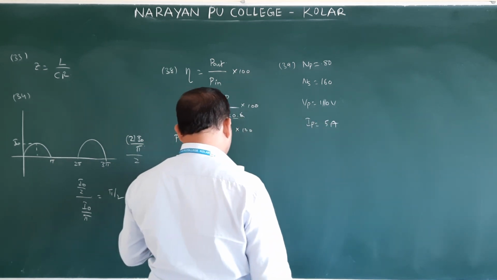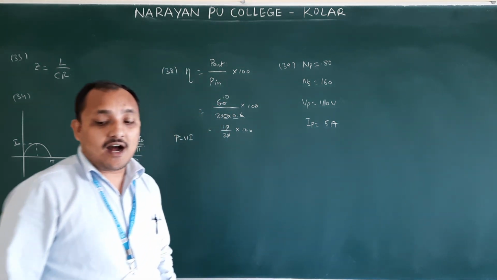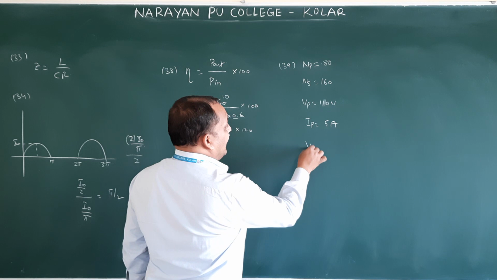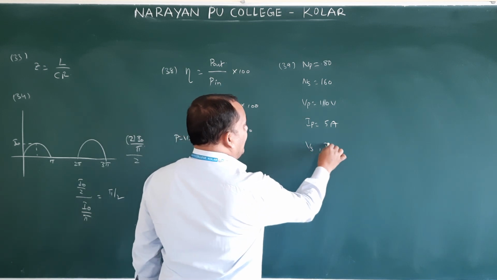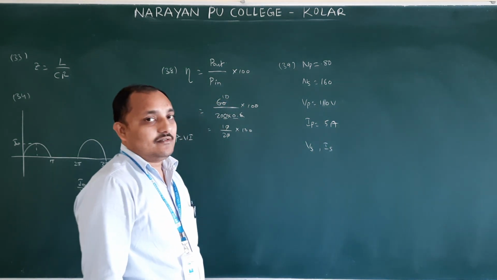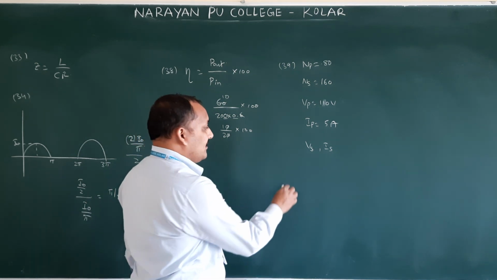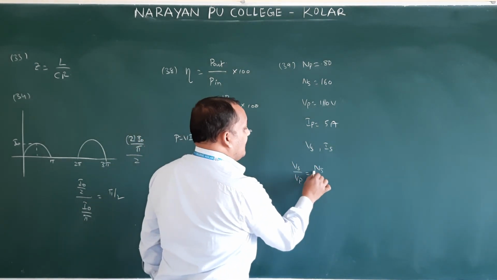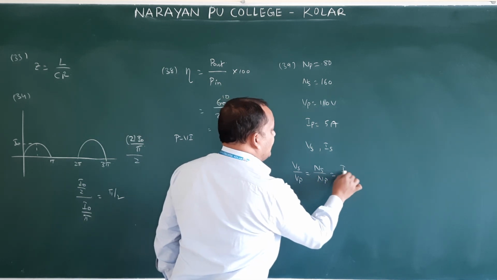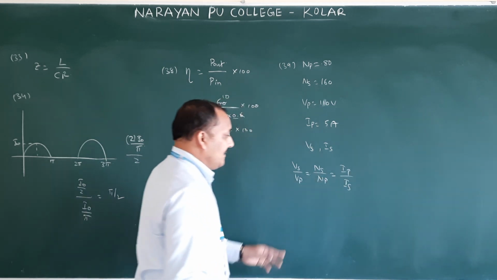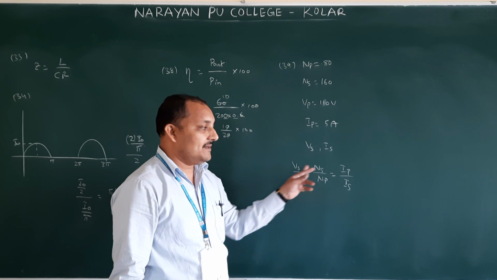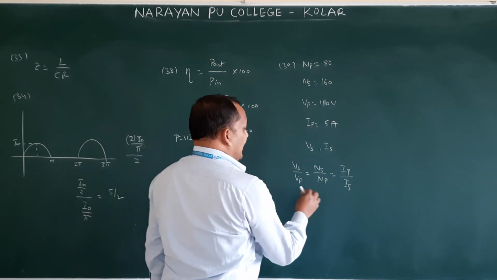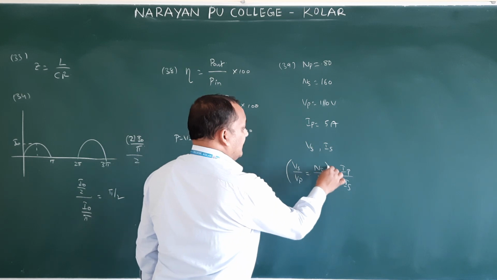Find the voltage and current in the secondary coil. Just the transformer ratio you will come to know: Vs by Vp is equal to Ns by Np is equal to Ip by Is. Always voltage and current will be in reverse proportion. Now, if you want to find Vs, take these two.